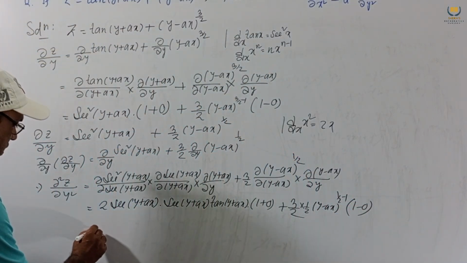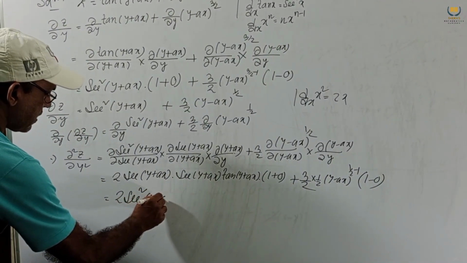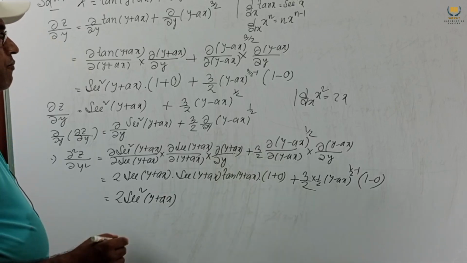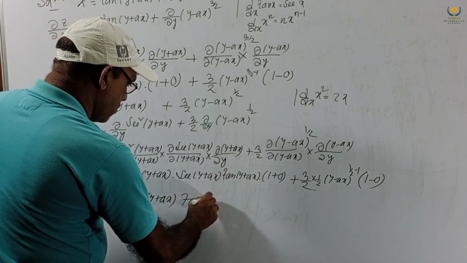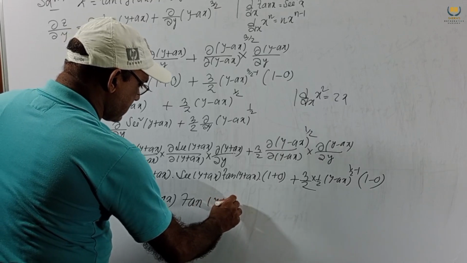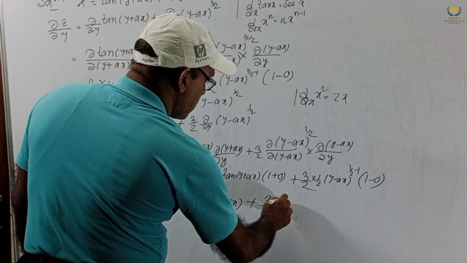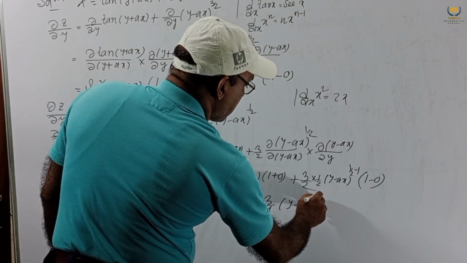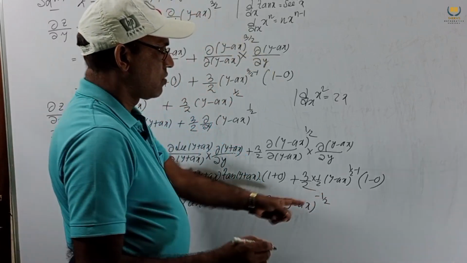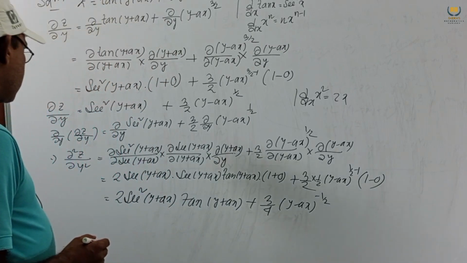So this will be 2 sec square (y plus ax) into tan(y plus ax), and this is 3 by 4 (y minus ax) to the power minus 1 by 2, since half minus 1 is minus 1 by 2, we get this one.